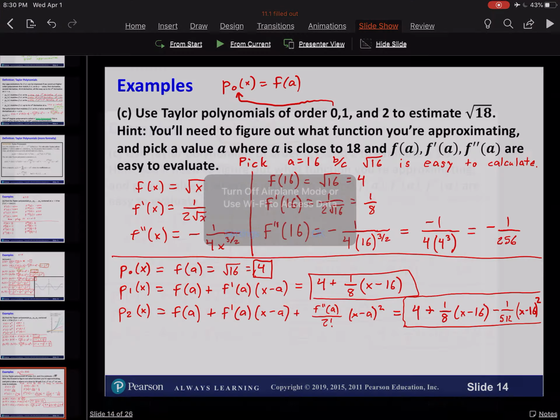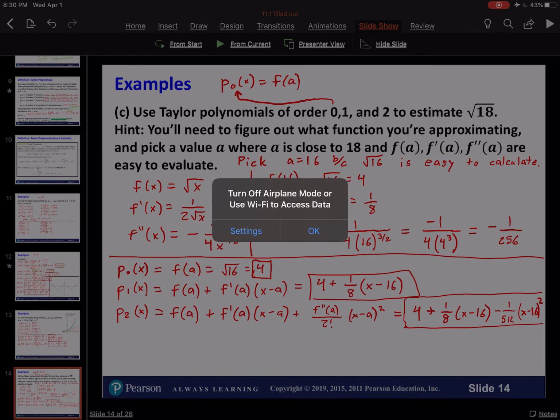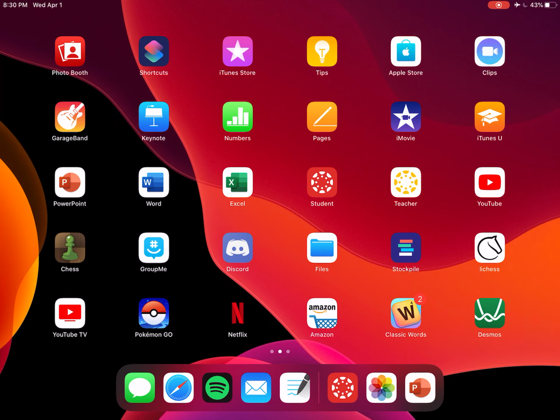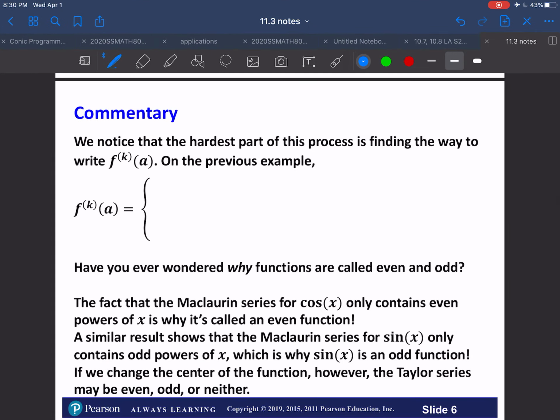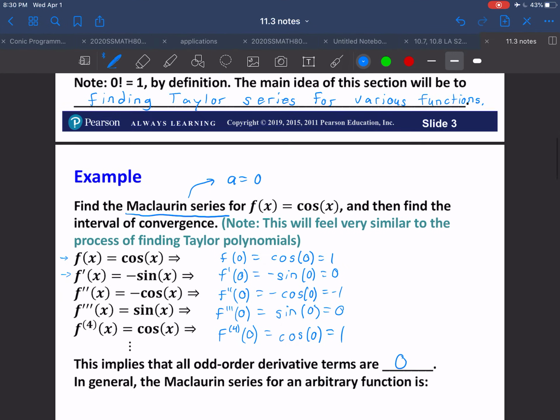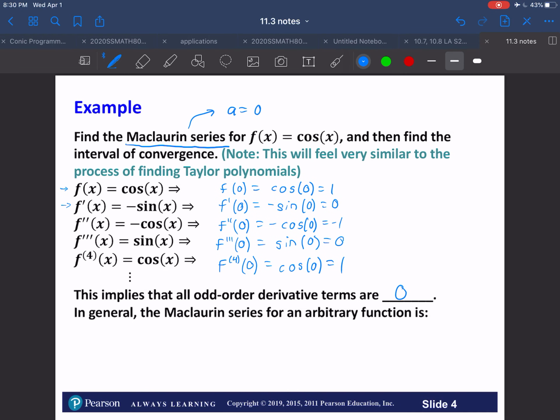Whoops. Oh, nope, that's not what I want. Let's go back. Alright, sorry about that. It is the sum from k equals 0 to infinity of f to the k of 0. So instead of a, we plug in 0 there.